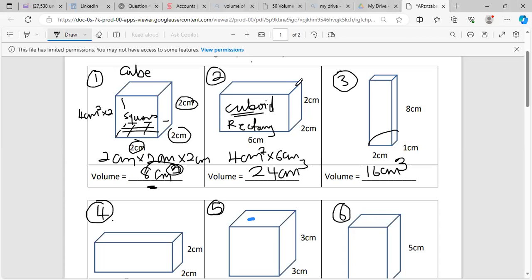If you notice, this is a 2 by 2 square on the side, right? But in terms of the length and the width, those will always be different, because if they are the same, it would be a cube. So the height and the width or the length can be the same. However, the length and the width cannot be the same. If they are equal, it would be a cube, not a cuboid.